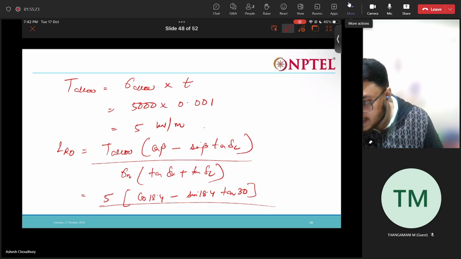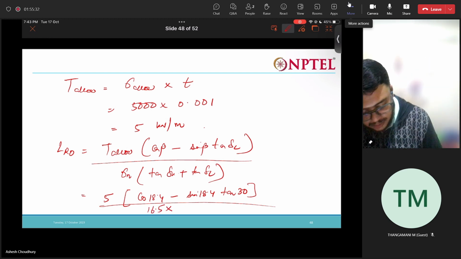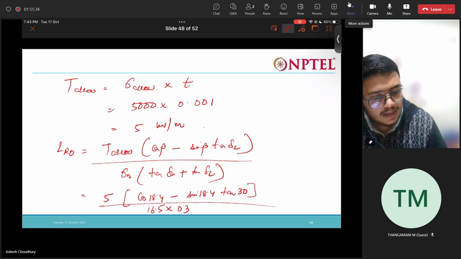What is the normal stress? Normal stress is 16.5 into the thickness of the cover soil. This is 0.3, 300 mm means 0.3 meters.